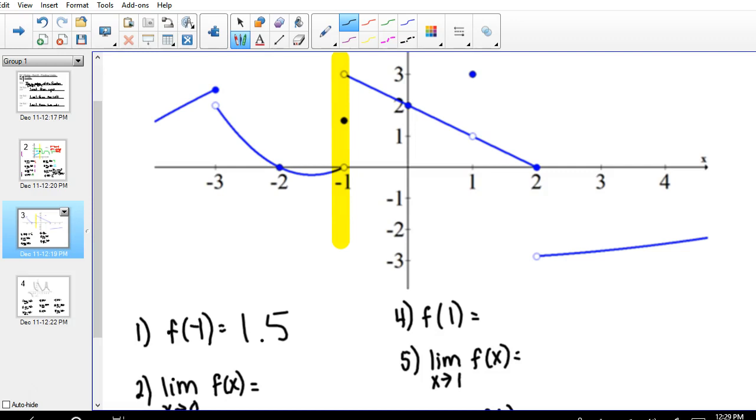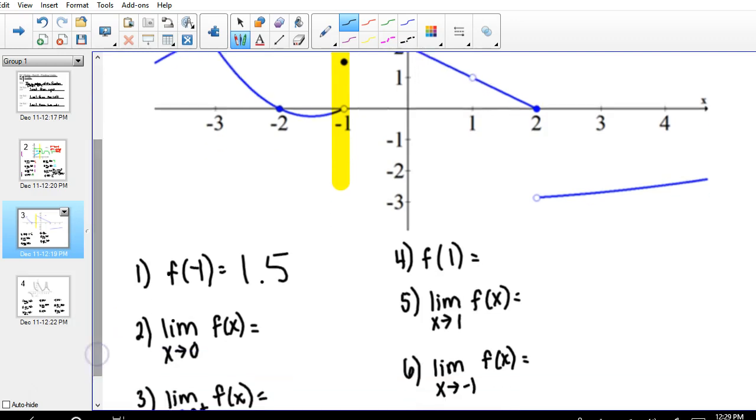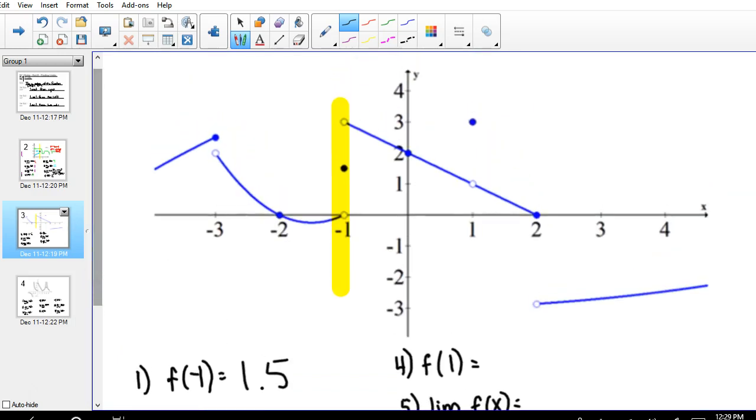All right, so if we're looking at the limit as x approaches 0 of f of x, sometimes this messes kids up, because x equals 0 is right here. We're approaching that green line right there. Does it look like anything interesting happens at x equals 0?